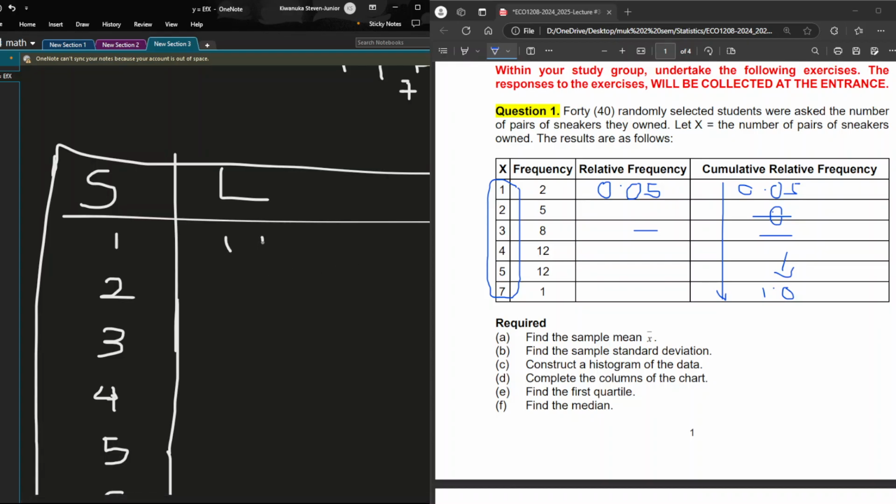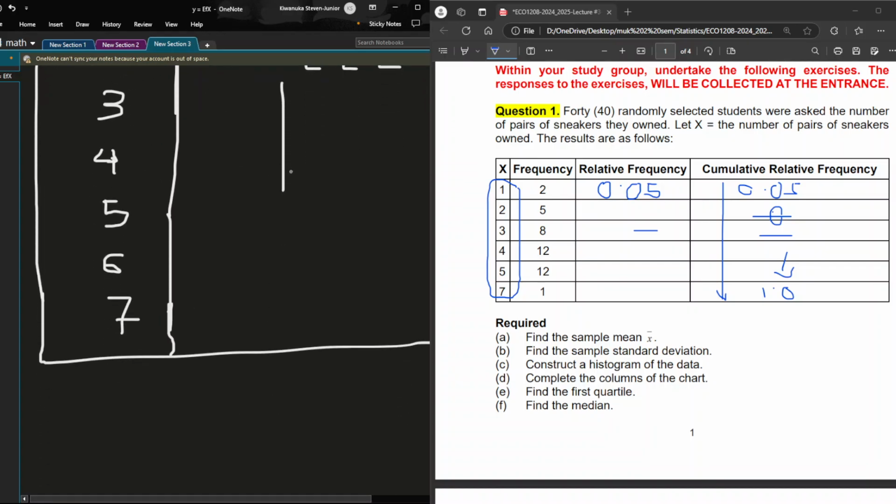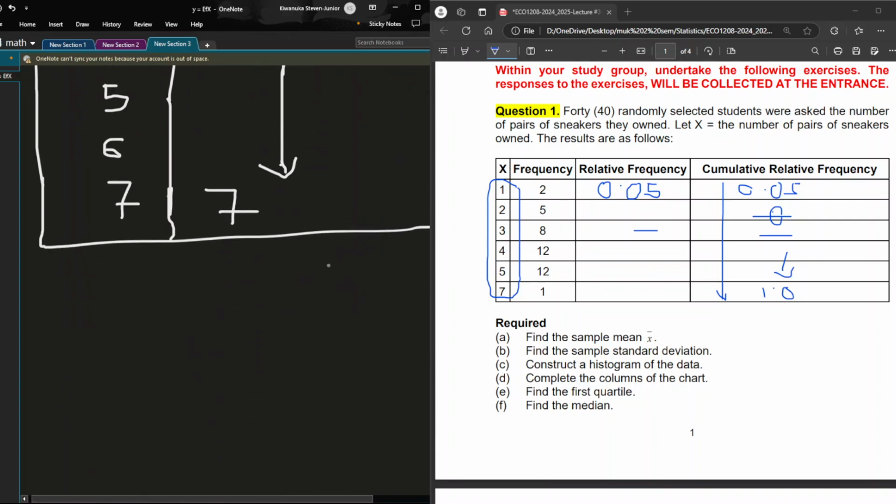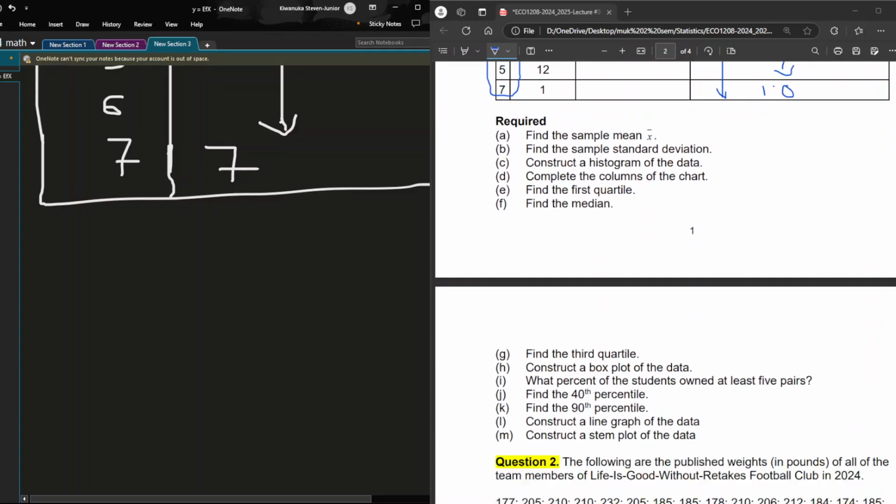So it means 2 ones, then 5 twos, and so on, until for the last one we have 1 seven. Yes, that is our stem plot of the data.